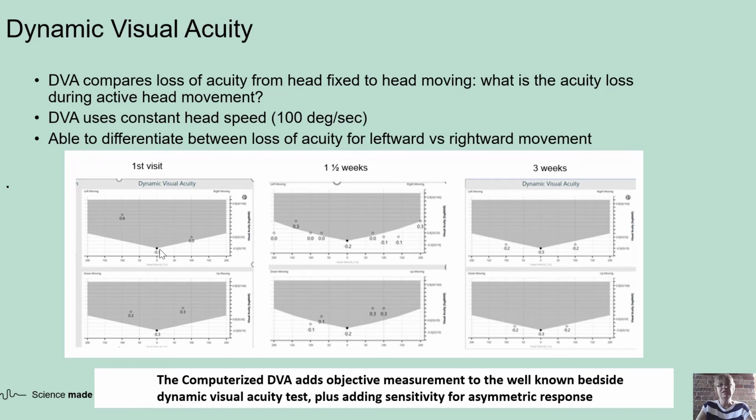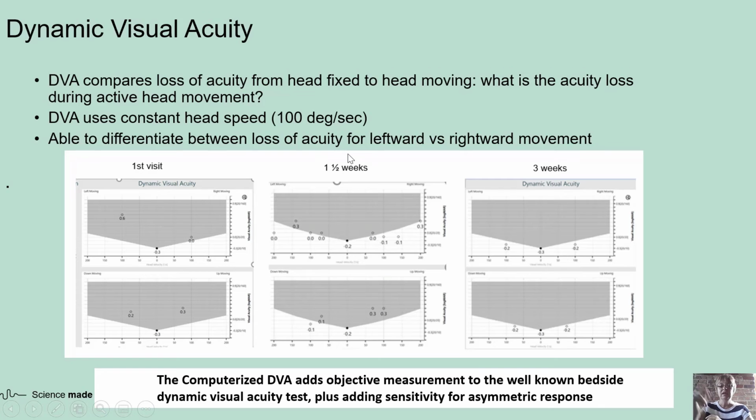And then I start moving his head. When I move his head to the right, he did okay, it's just on that gray abnormal line. But when I moved his head to the left, you can see that his score is way up in the gray area. So he has a lot of difficulty keeping focused on the target when his head is moving to the left. We see a little bit of differences in the vertical.